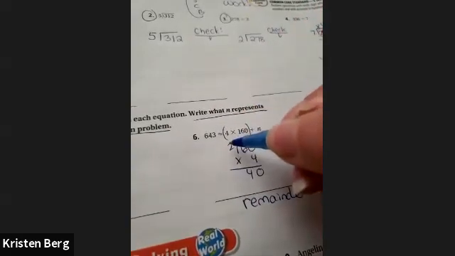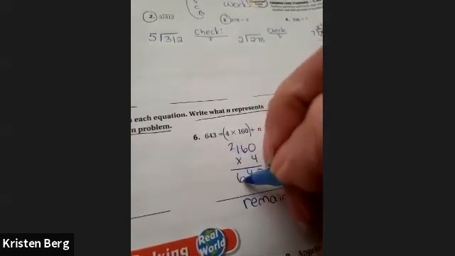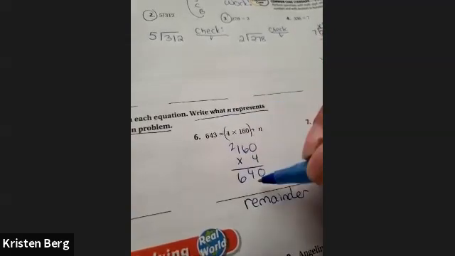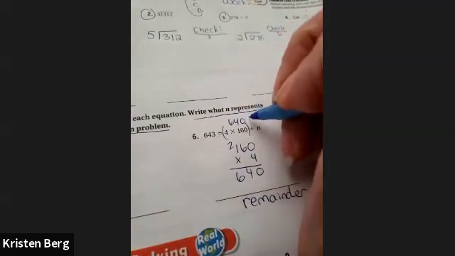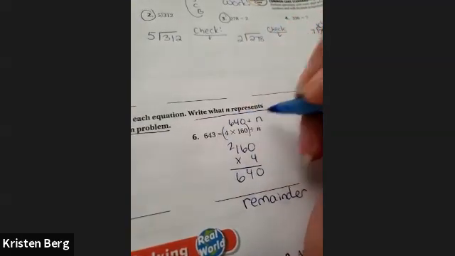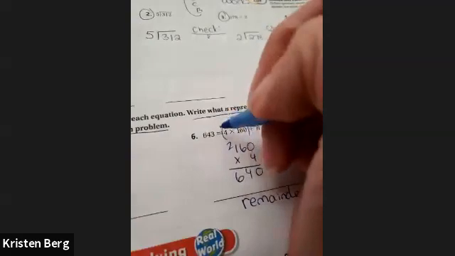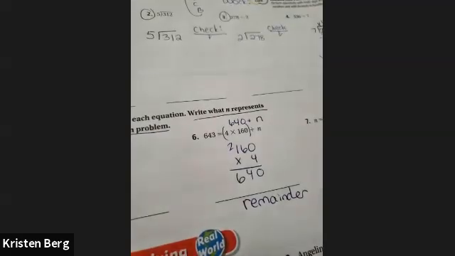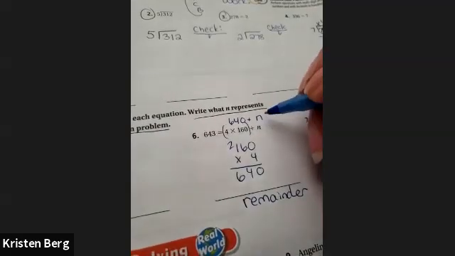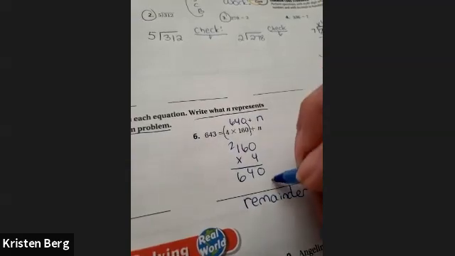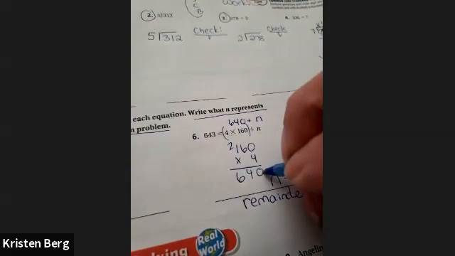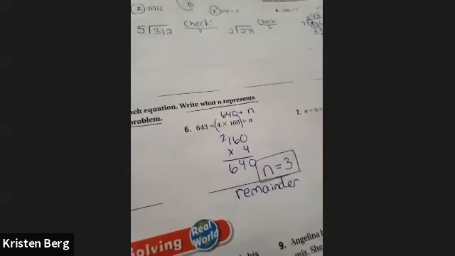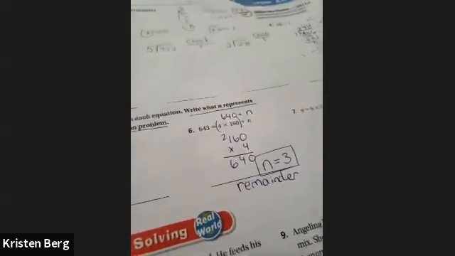This is 4, 5, 6. Okay, so this is 640 so far. Keep that in mind: 640 plus what unknown number is going to give us 643? Well, you should be saying, oh, it needs to be a 3 to make that 643, and you are correct. So it should have been a 3.